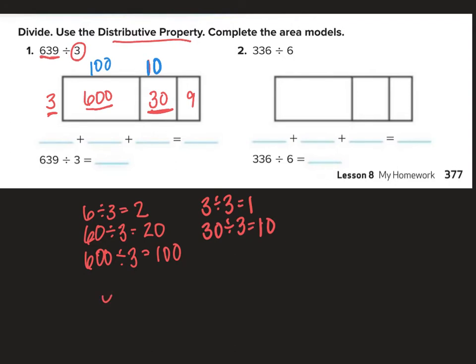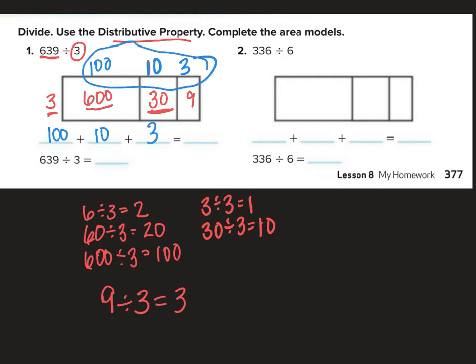Lastly, 9 divided by 3 is 3. Okay, so now I need to add 100 plus 10 plus 3. My little guys up here on top, I need to add them together to get 113. So 639 divided by 3 is 130.